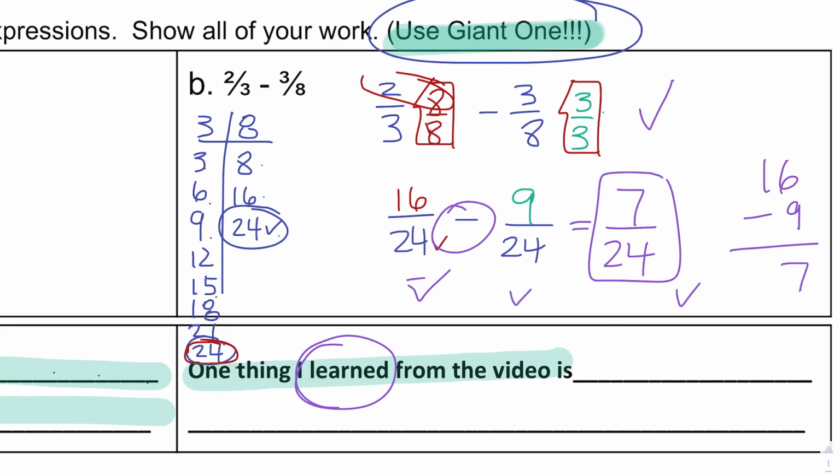Then that would totally make sense that you learned about how to read the problem properly. Do not say a generic statement like, I learned how to subtract fractions. That's not what we're looking for. So please make sure that you write something that is associated, that's related, that's connected to what you are supposed to be learning here. Thanks.